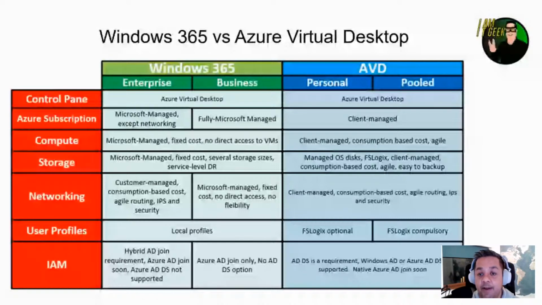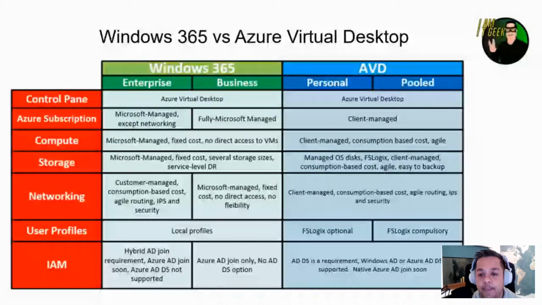That's quite a big thing, whereas it obviously is with AVD, which I'll go into in a second. For the business version of Windows 365, Azure AD join only and no Active Directory domain service option. So again, not a lot of flexibility. And again, for me personally, geared and aimed directly towards those small businesses that don't need or don't want that management overhead.